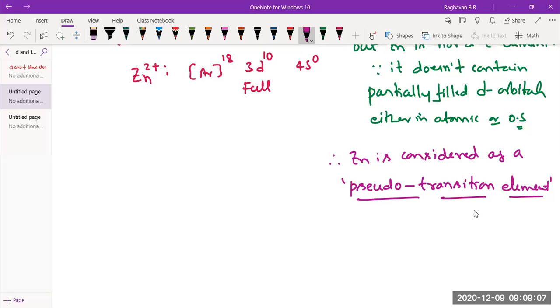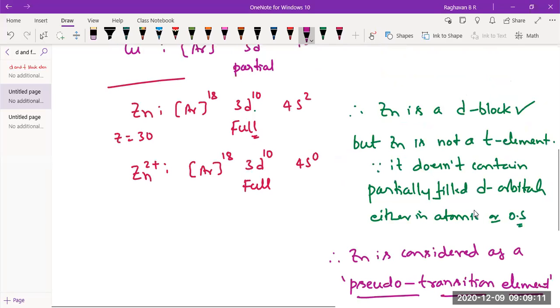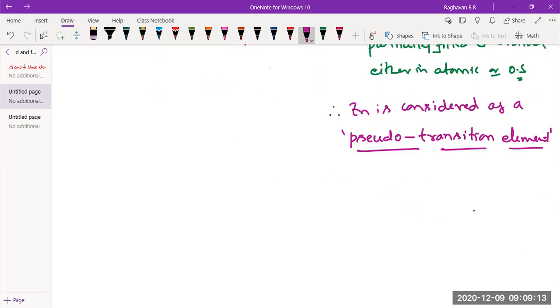So which are the other elements which are similar pseudo transition elements? You should know that all 12th group elements are pseudo transition.